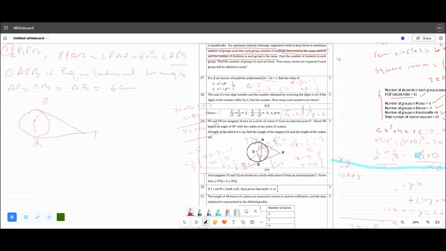O is the center of the circle. So they are saying prove that angle PTQ, so they have connected this chord.